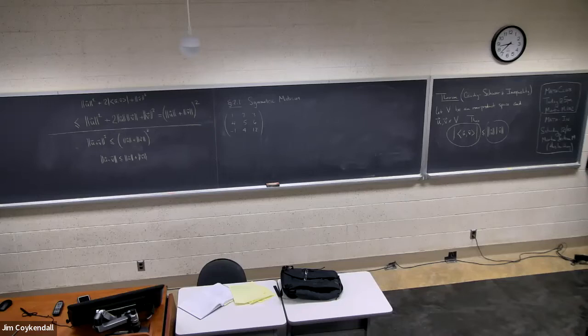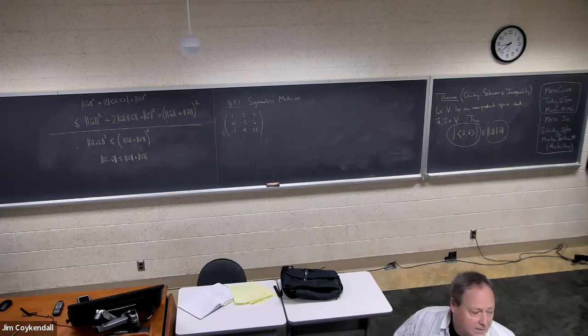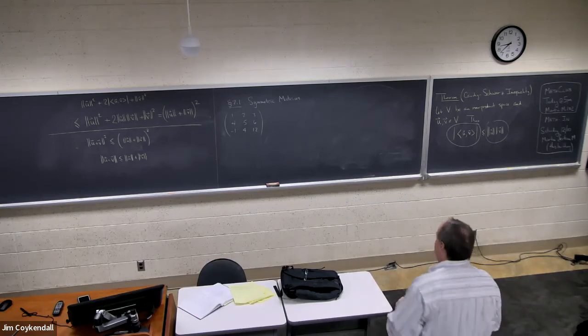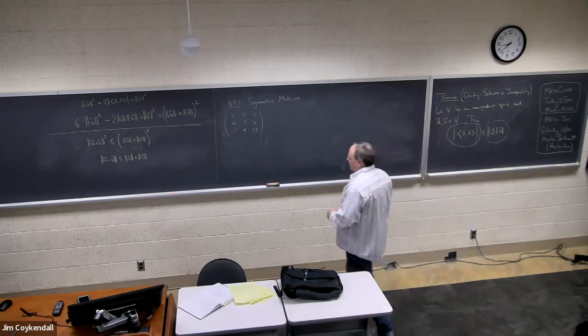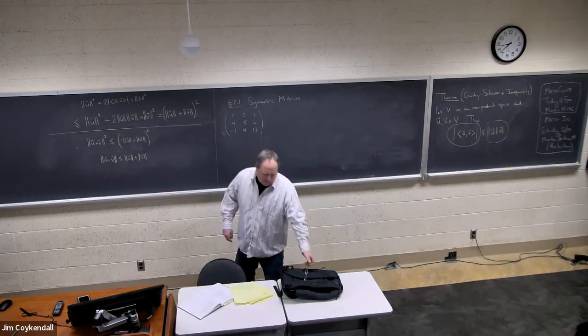The point I'm making is, if you just stare at a matrix, you can't really tell if it's diagonalizable. I can't even tell if it has all real eigenvalues just from looking at it in general. However, symmetric matrices circumvent this problem.